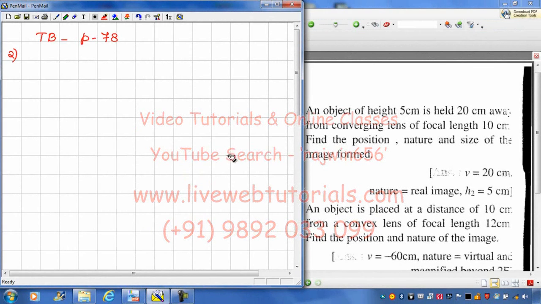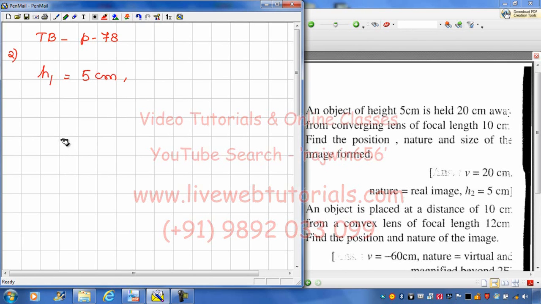Now next sum. An object of height 5 centimeters is held 20 centimeter away from converging lens of focal length 10 centimeters. Find the position, nature and the size of the image formed. Now first of all, an object of height h1 is equal to 5 centimeters is held 20 centimeter away from converging lens.